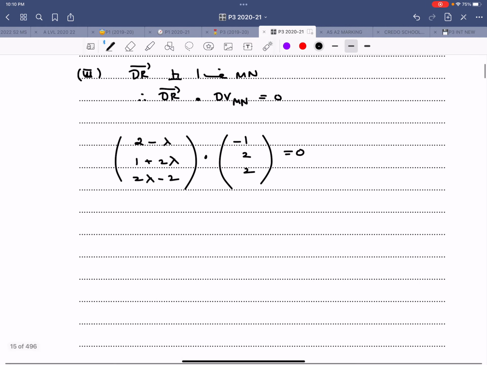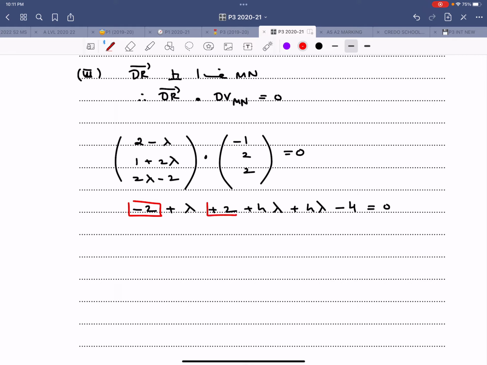Let's solve. Minus 2 plus lambda plus 2 plus 4 lambda plus 4 lambda minus 4 equals 0. This is minus 2, this is plus 2, this is negative 4. These two cancel out, take 4 to the other side. This is lambda, this is 4 lambda, this is 4 lambda. So this is 9 lambda equals 4.